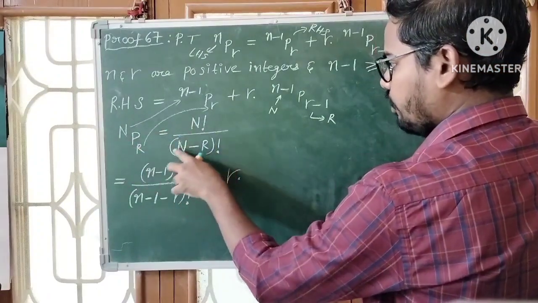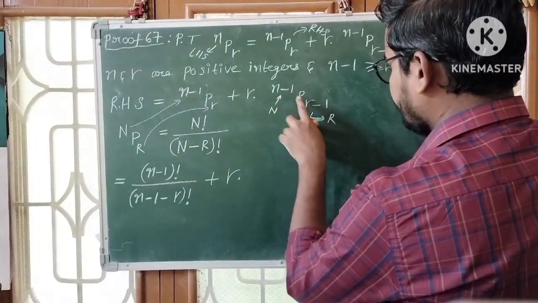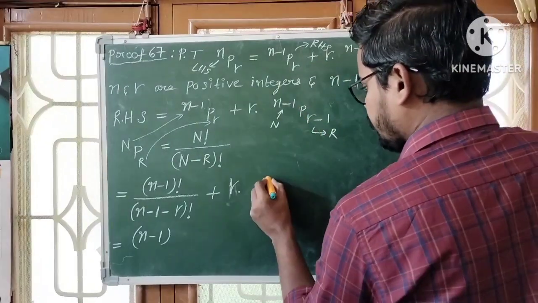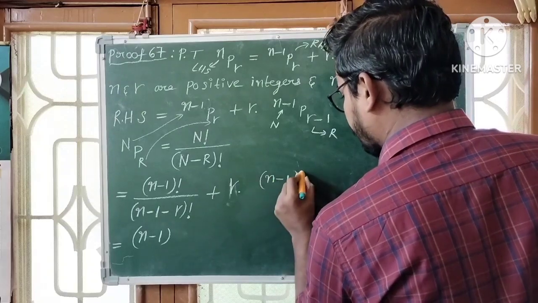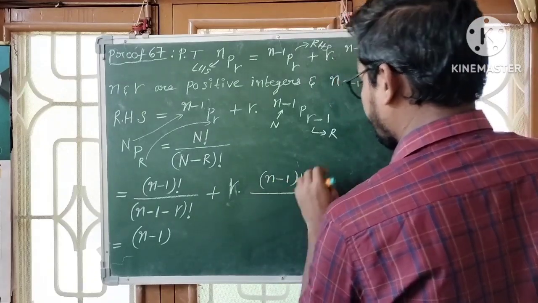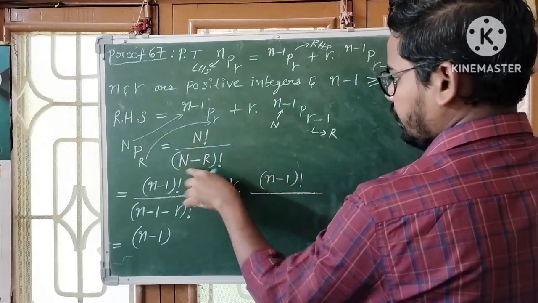nPr is equal to n factorial by n minus r factorial. So n minus 1 Pr minus 1 equals n minus 1 factorial by n minus 1 minus r minus 1 whole factorial.